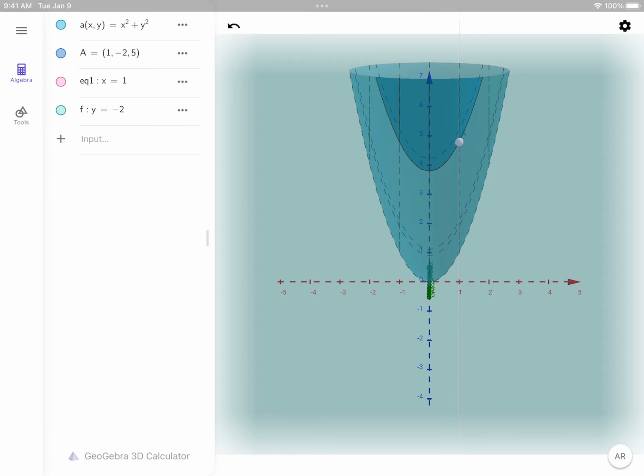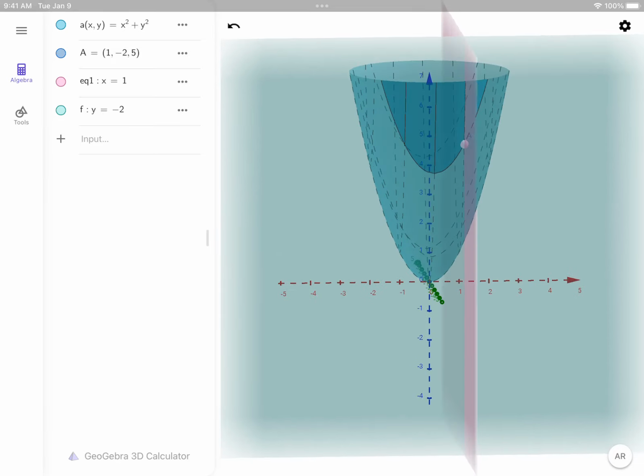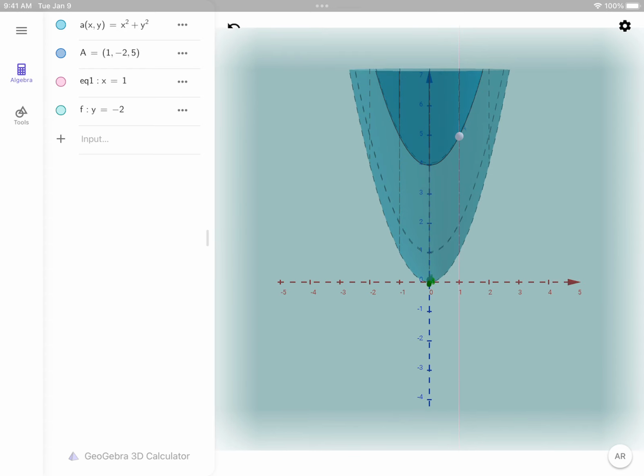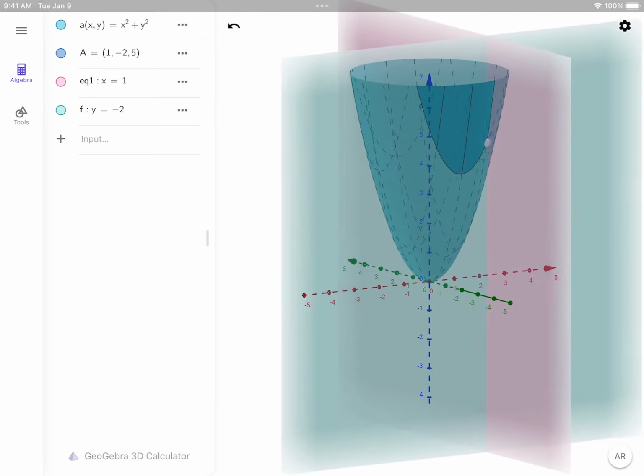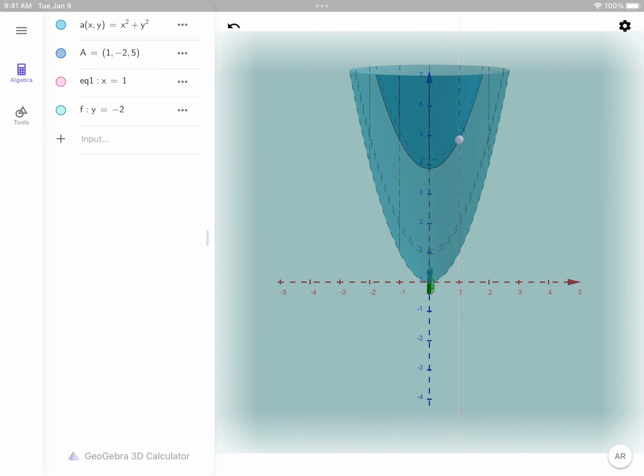You can imagine drawing a line tangent to that point that I've plotted and seeing that the slope is positive. So this is the x direction. It's contained in a plane that is parallel to the xz plane. That blue plane is parallel to the xz plane. So that's the x direction, positive slope at the point A.